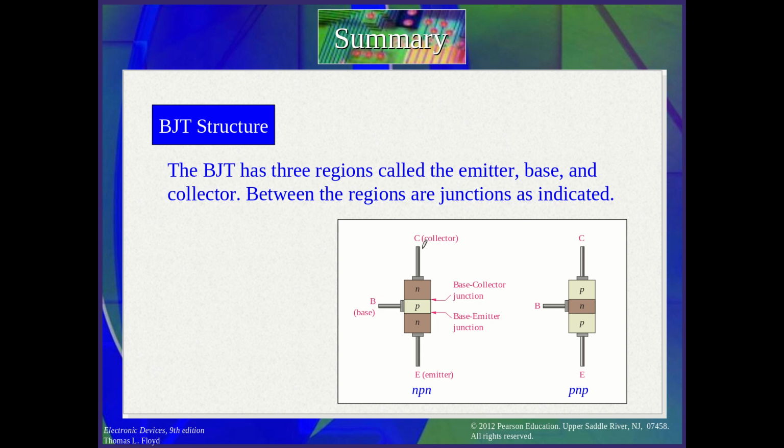It is linear. Then we have the active region. As you increase the current, it is dependent on the voltage, the VCE, collector emitter voltage.